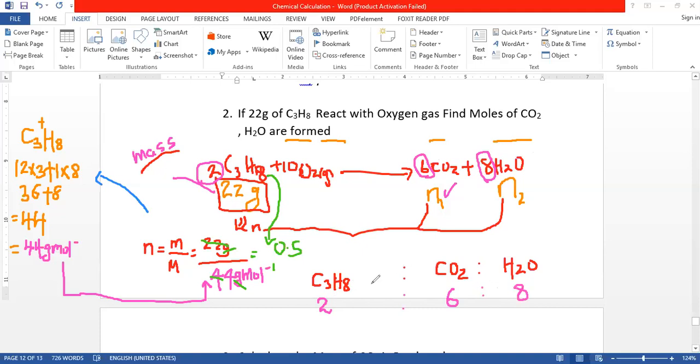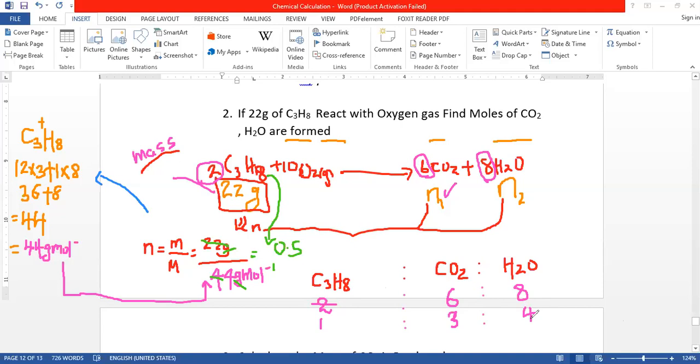Now you can simplify here: 1, 3, and here 4. I divide by 2, and divide by 2, and divide by 2. So look now, if you have one C3H8, you will get 3 carbon dioxide molecules and 4 water molecules, right?